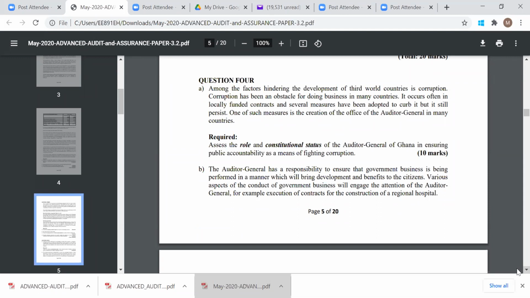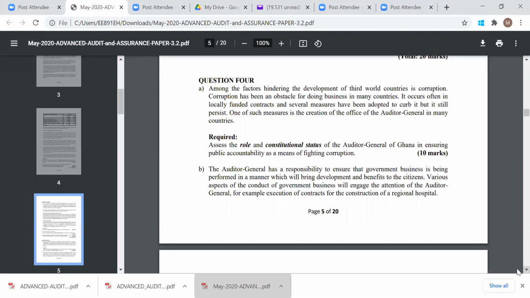Another role is that he must submit his report to Parliament within 6 months of the year. So he must communicate with Parliament on what exactly is happening in the country in relation to his audits.